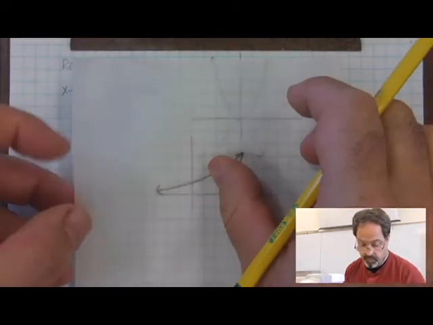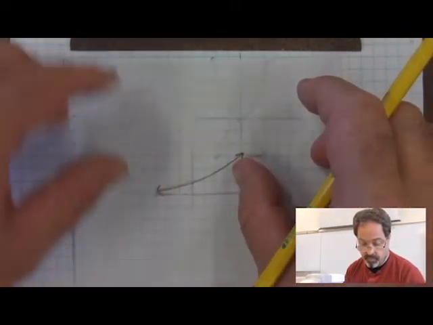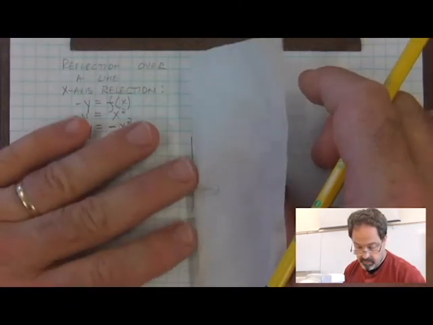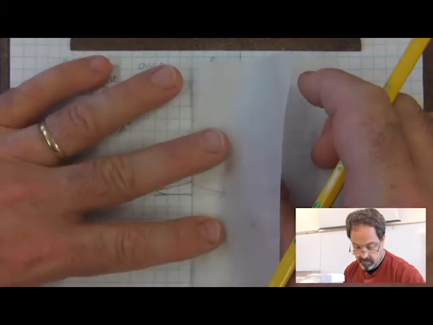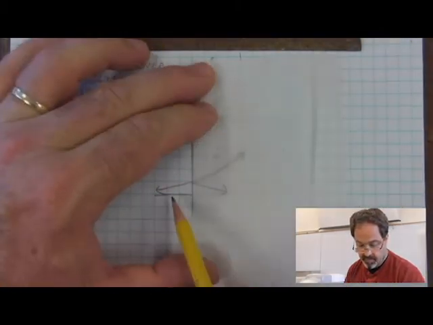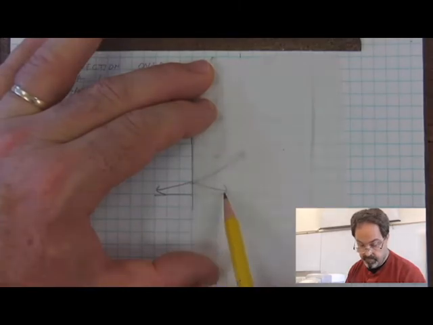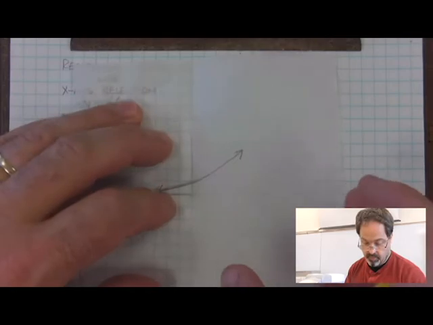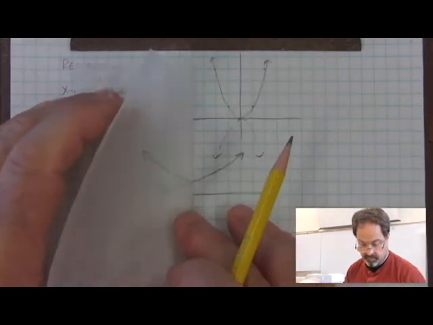So if I fold, we have the function represented on both sides of the line of reflection. That's okay. If I make a fold at the y-axis, I can see that this part of the function is going to reflect here. And at the same time, on the right, it's going to reflect to the left.